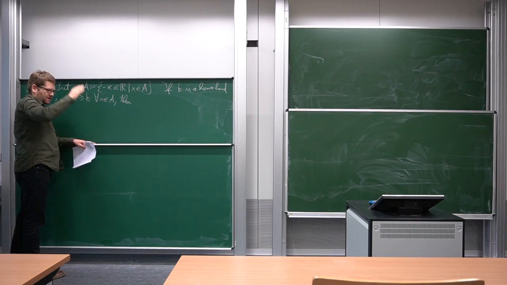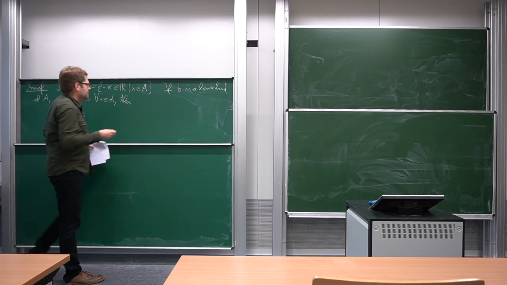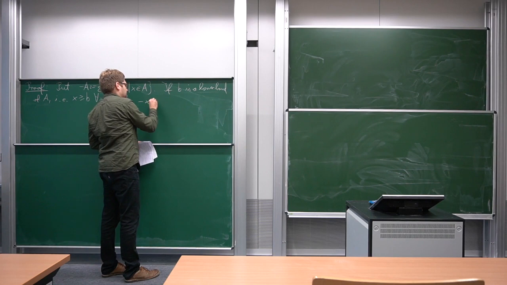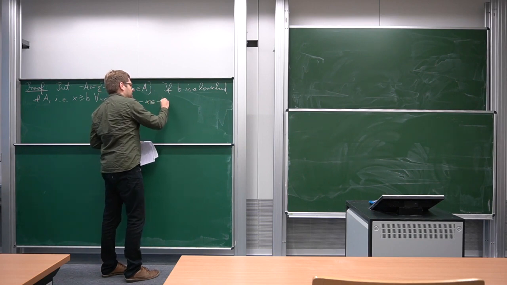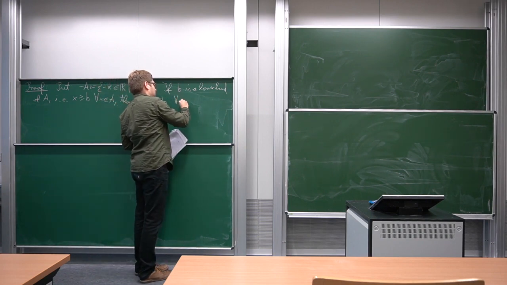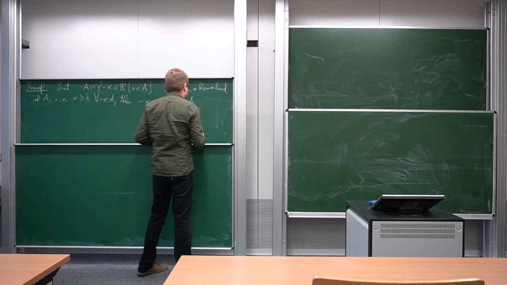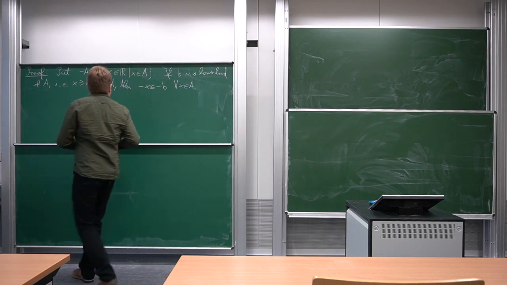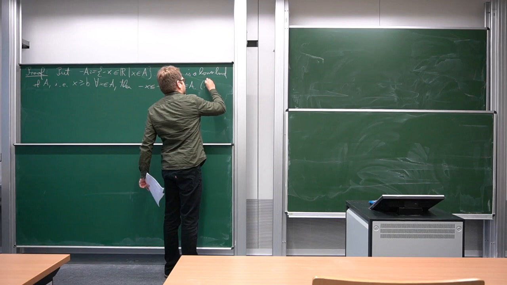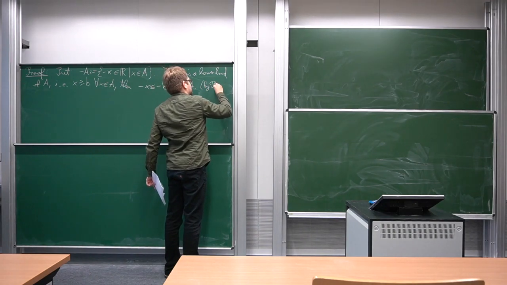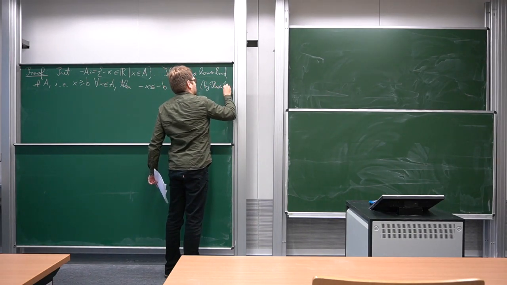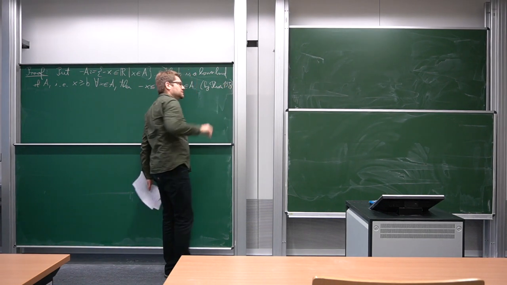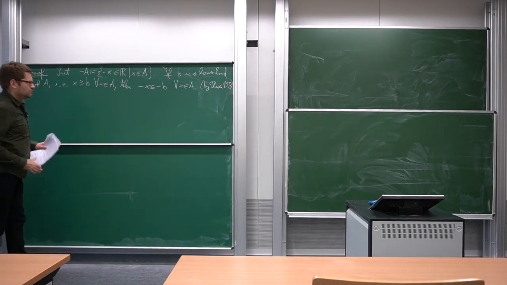This was part of this theorem with properties of ordered fields. Then minus x is smaller than or equal to minus b for all x in A. I've already put this in the lecture notes. This was theorem 138. Okay, so we have this property.